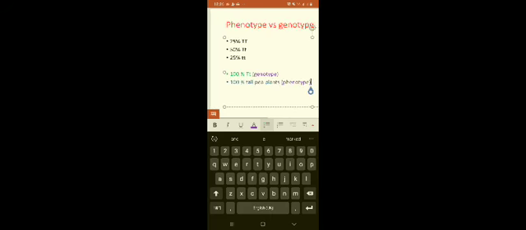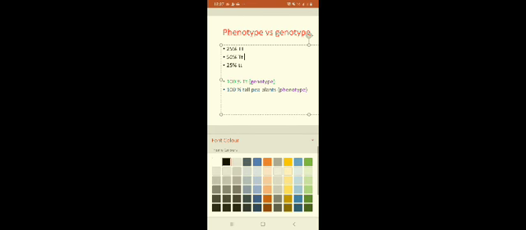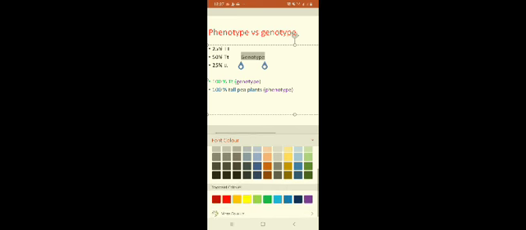Okay, in this case, this is the genotype I told you. I'm going to write G for genotype.